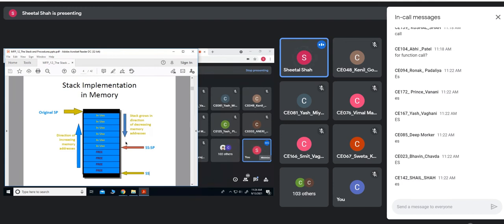Say suppose these memories are already in use, then SS:SP, the stack pointer, is pointing at this particular address. If one more data is placed onto the stack, then this memory would also be in use, and the stack pointer would be pointing at this particular address. Are you getting this?